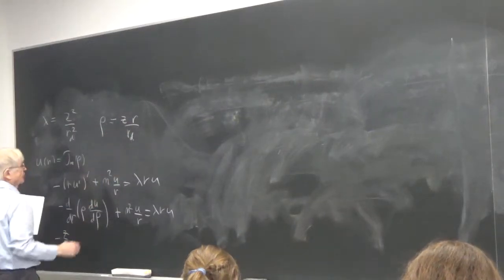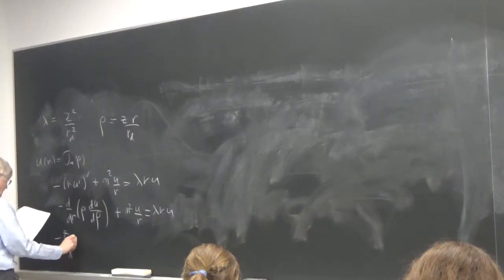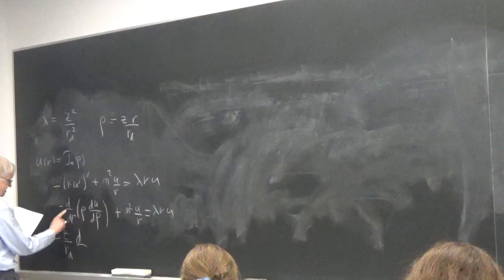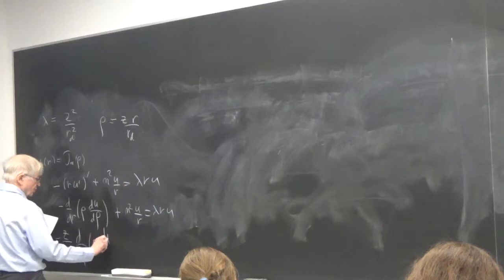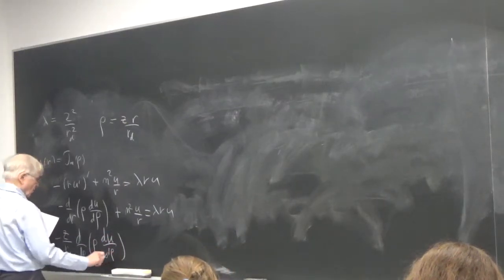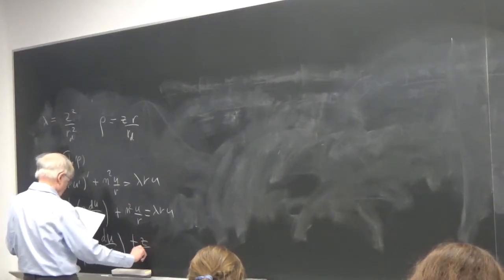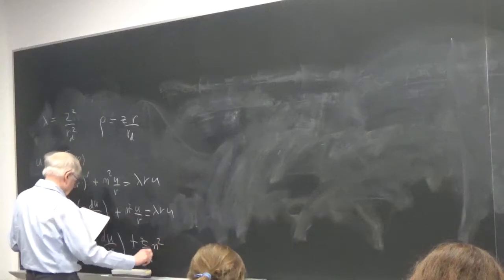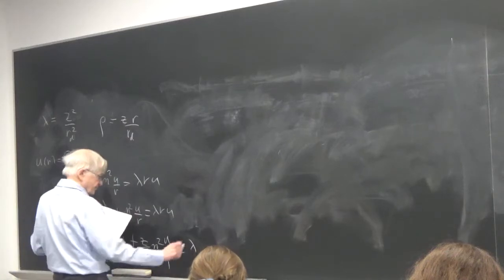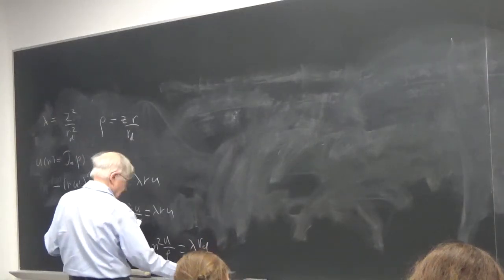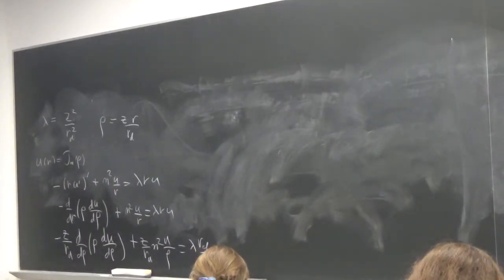Using the relation between rho and r, this is minus z over rd, changing r d by dr to d by d rho. This becomes d by d rho, rho du d rho, plus z over rd n squared u over rho equals lambda rd over z u. So now we've got everything written in terms of rho and u.